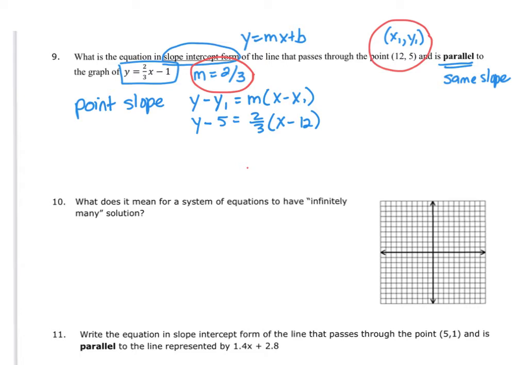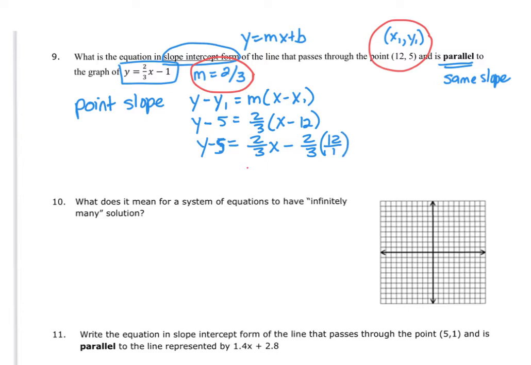I'm going to set y - 5 equals, and distribute that 2/3, so that's 2/3 x minus 2/3 times 12. I'm going to set that 12 over 1, so it's easier for me to solve.